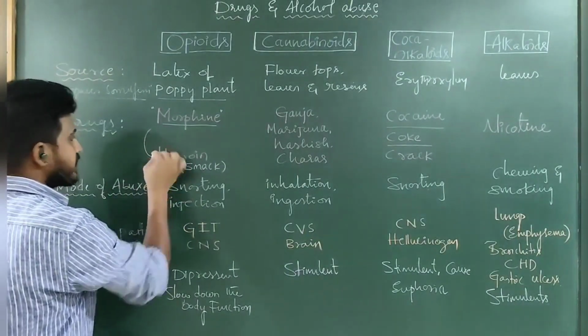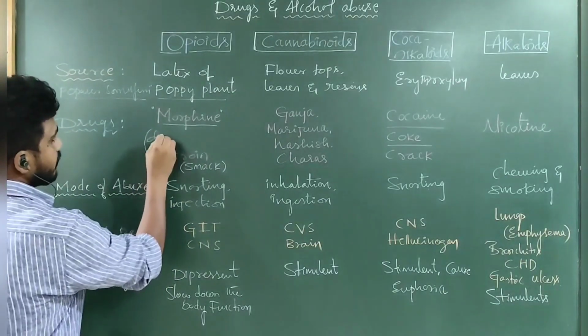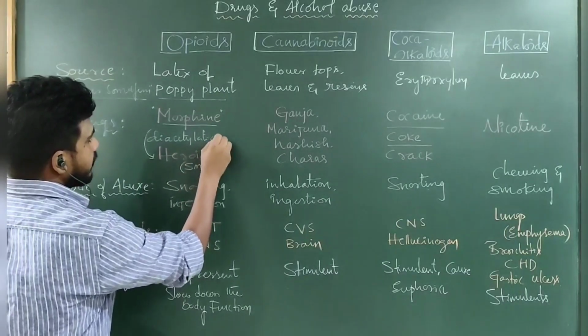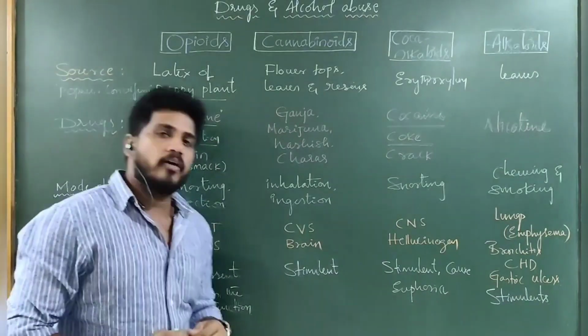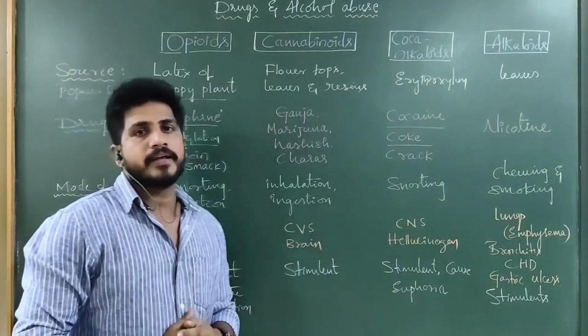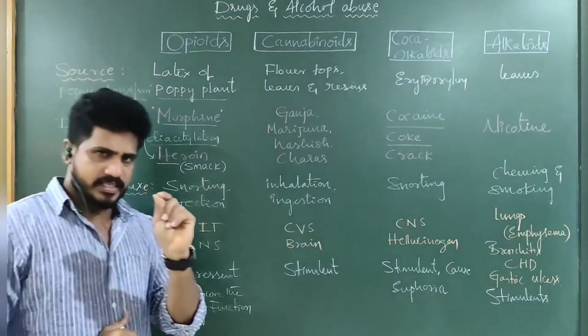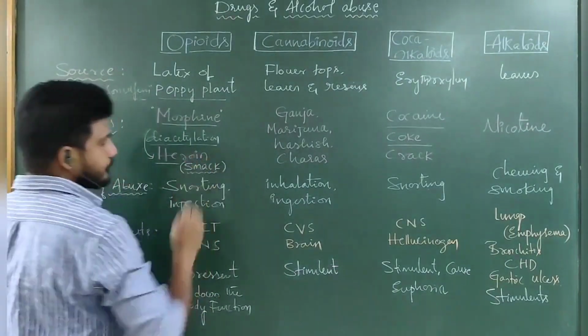If that morphine is acetylated, nothing but diacetylation, the diacetylation of morphine becomes heroin. Heroin is another form of drug which is white in color, odorless and crystalline in structure, commonly called smack.